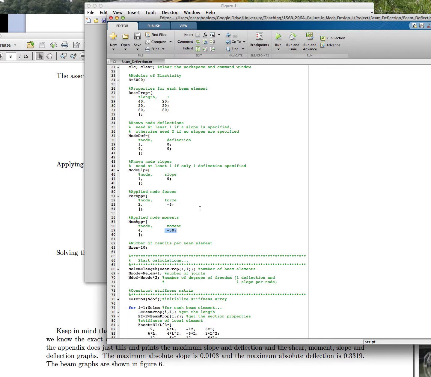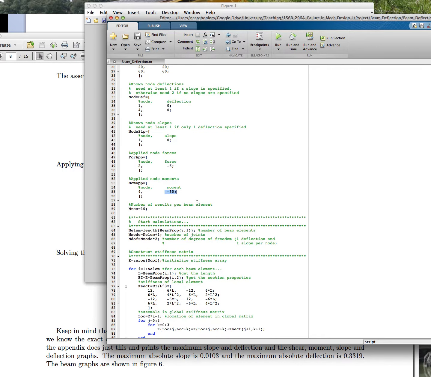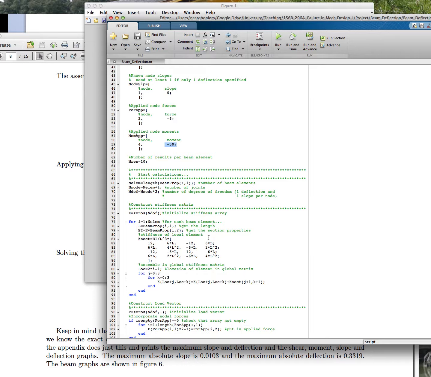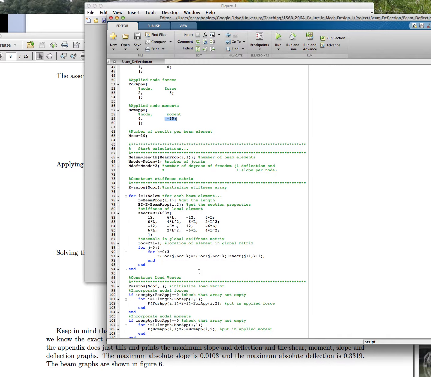So this is basically preparing for the boundary conditions, and then we put in the K for each element, and then assemble the K by making a global K matrix by addition.